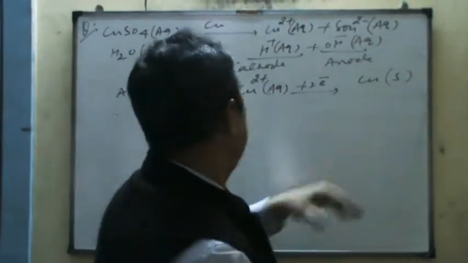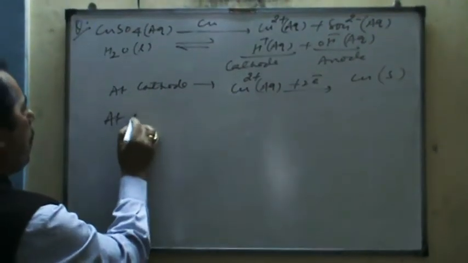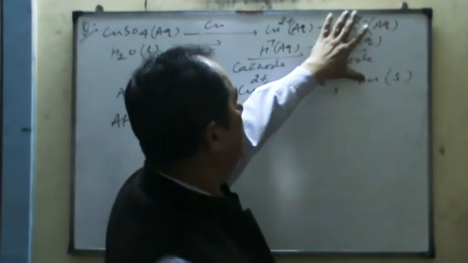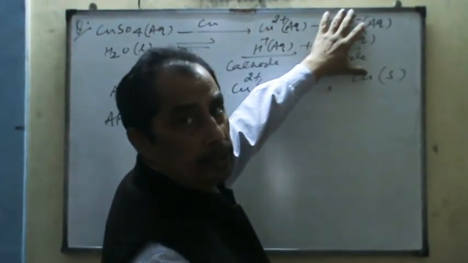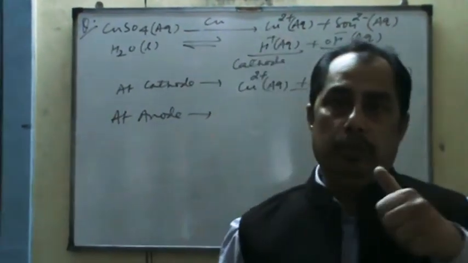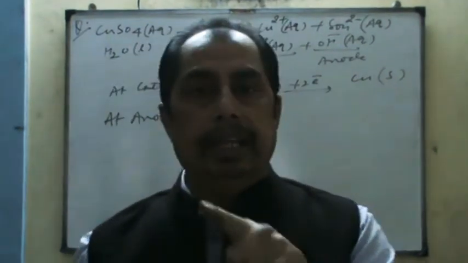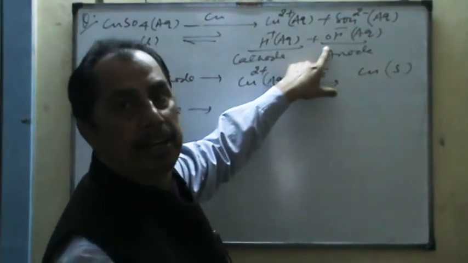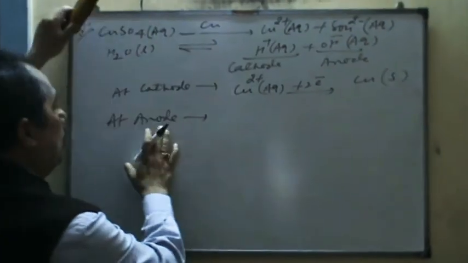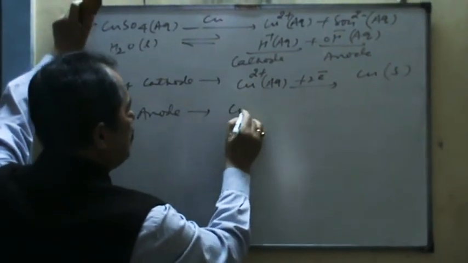It's all right. But what about the anode? Sulfate ion and OH- ion. Now these two are suppressed due to the active electrode. We have provided the copper, therefore these two will not take part in the process of electrolysis. Once you take the anode, oxidation takes place.